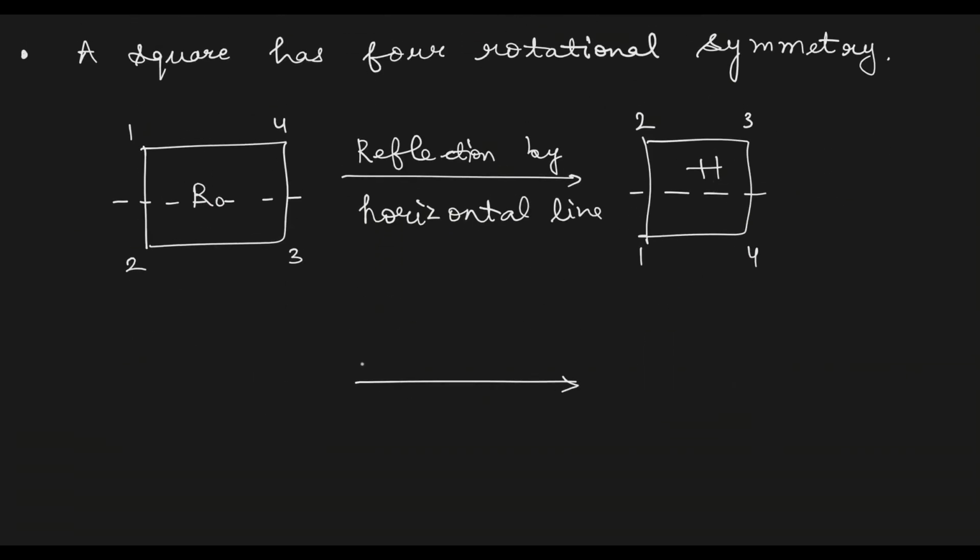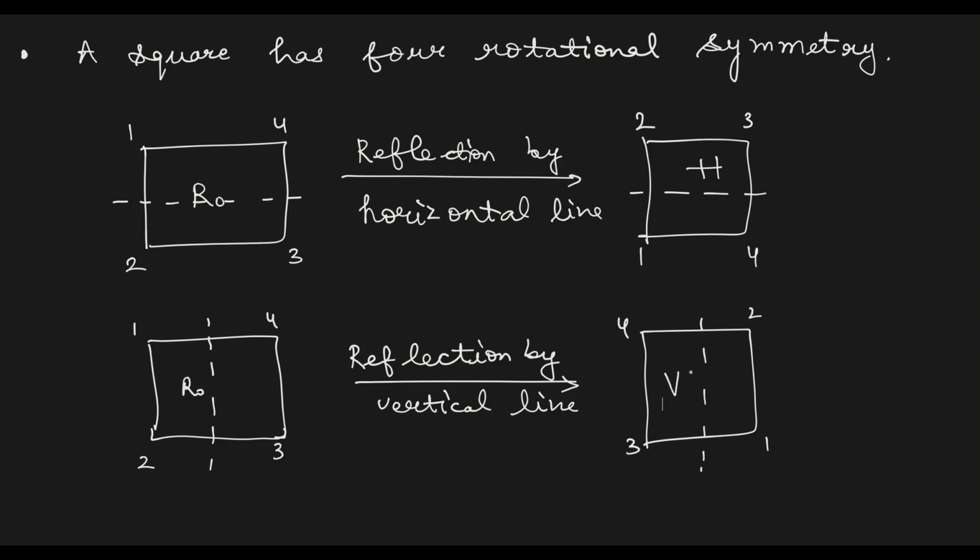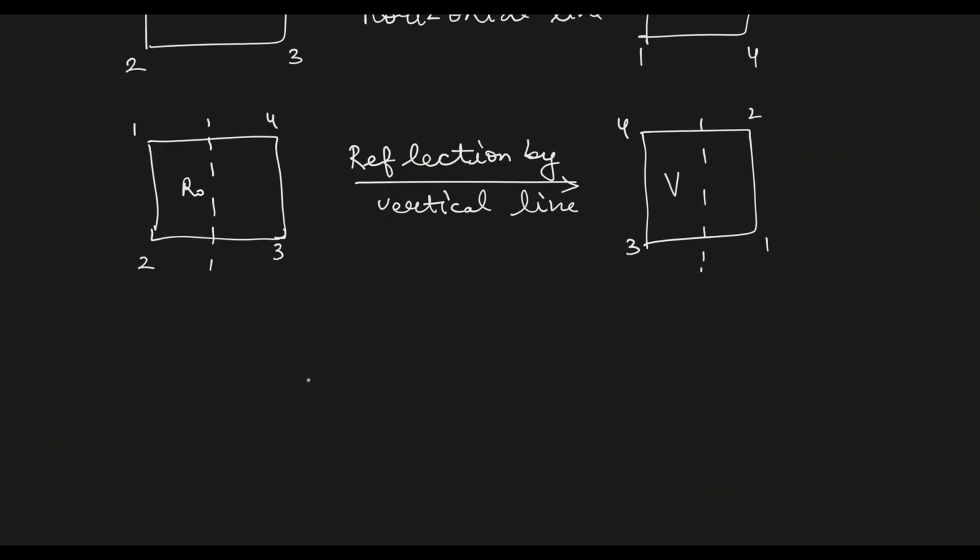Next, reflection by vertical line. One, 2, 3, 4. This is capital V. Next, reflection by main diagonal.